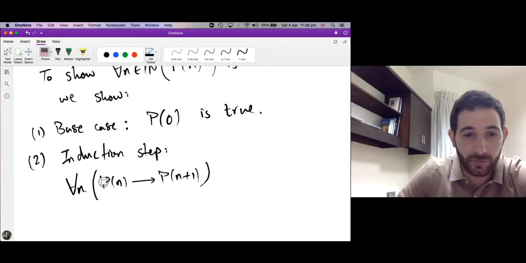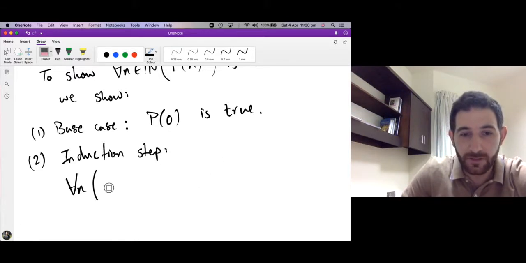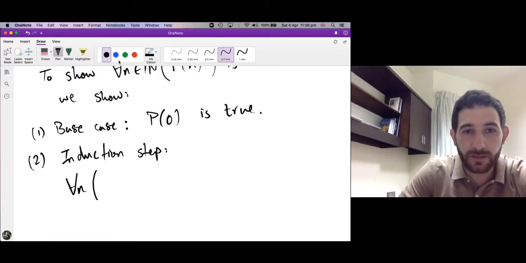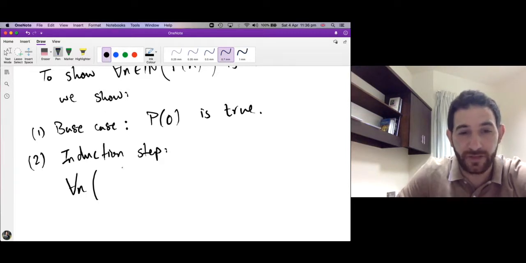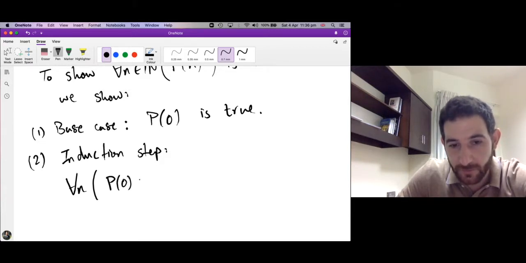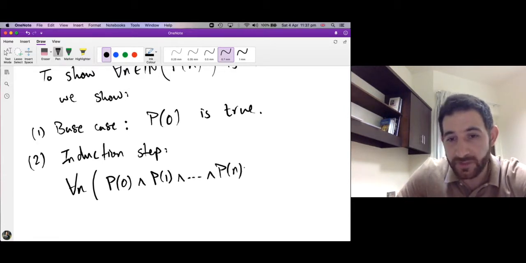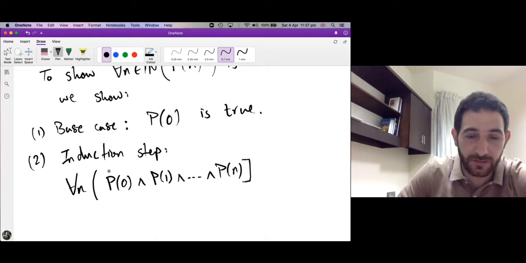Now, what we will do in strong induction is we will assume more information. We will assume that not only P(n) is true, we will assume that P(0) is true and P(1) is true, and so on up to P(n). So we suppose all of this is true.